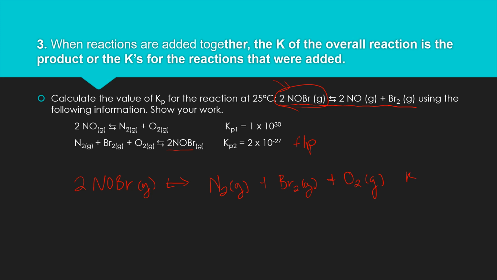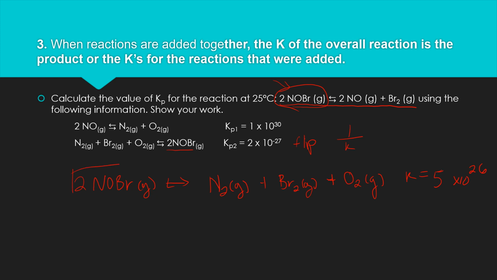It's now going to be 1 over my original K value, and I'm going to recalculate that. So I'm going to take 1 and divide it by 2 times 10 to the negative 27th. And we get a new K of 5 times 10 to the 26th.